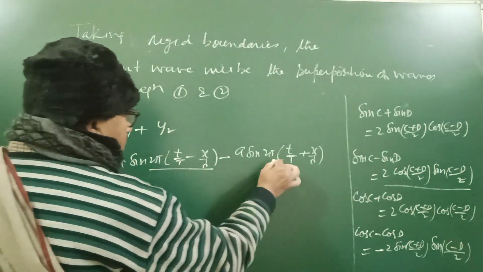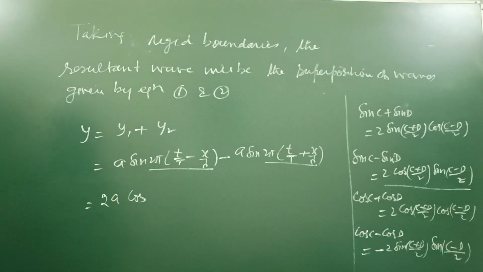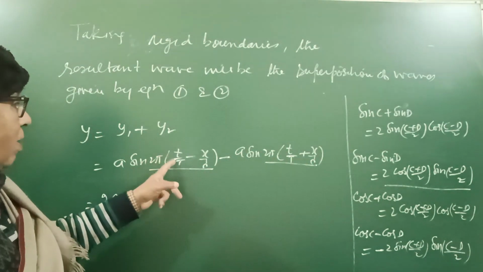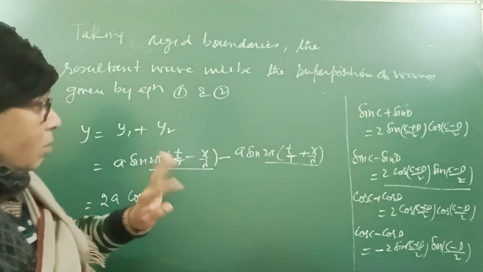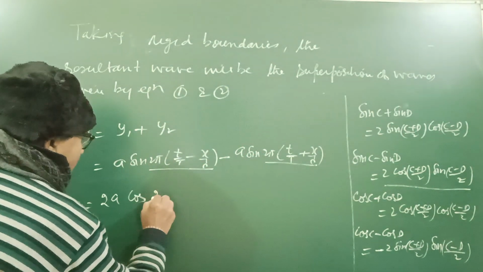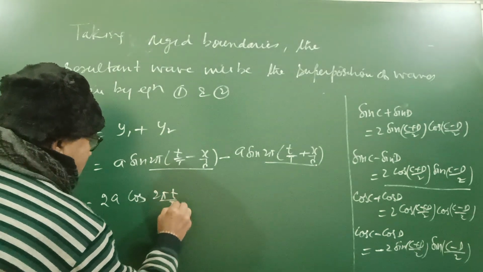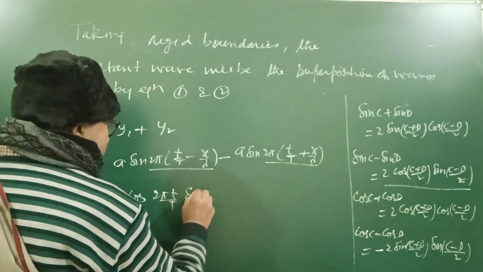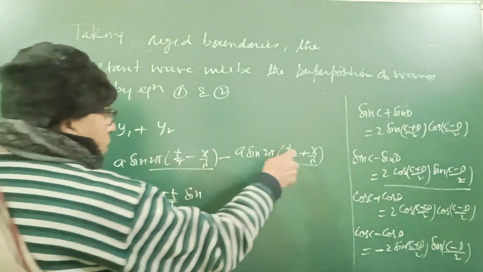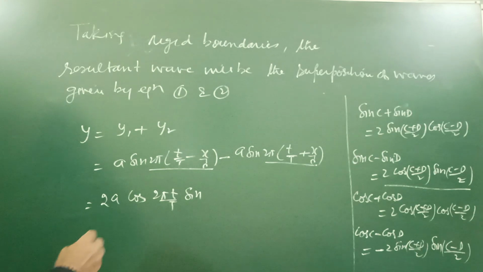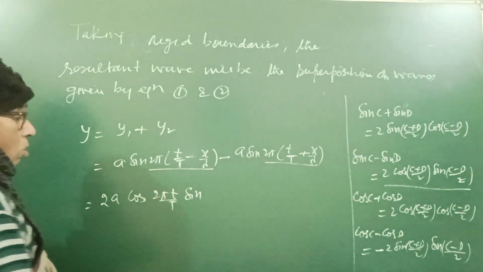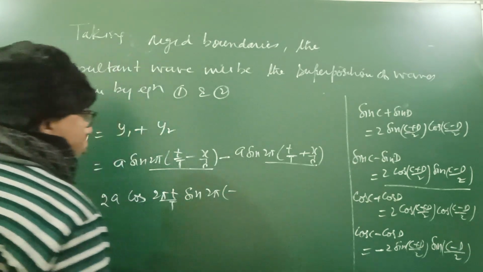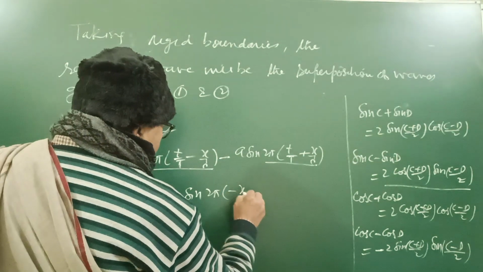When we add, x cancels and we get 2 pi t upon T plus 2 pi t upon T divided by 2, so we get 2 pi t upon T. Then sine of (C minus D) by 2: now the term containing time gets cancelled and we get 2 pi minus x upon lambda.